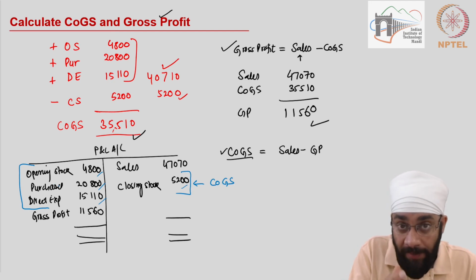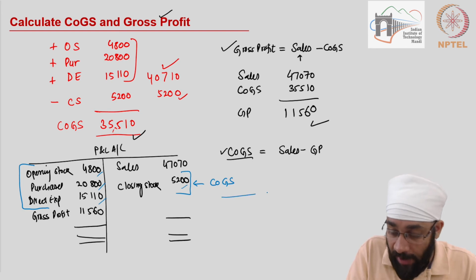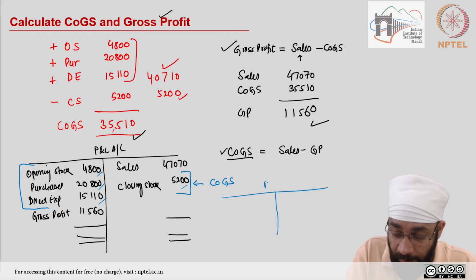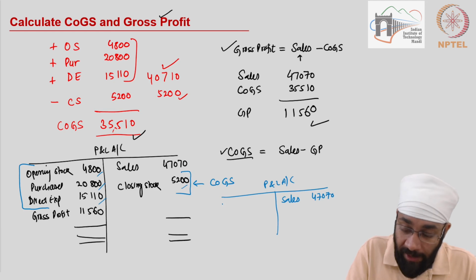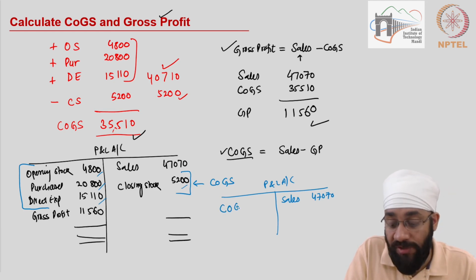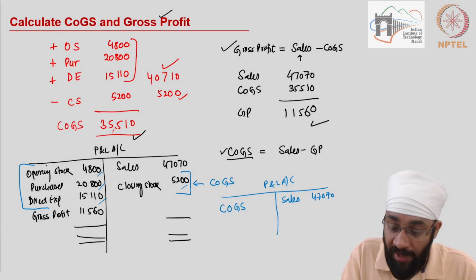So if you reimagine this profit and loss account, it will look like this: profit and loss account. On the one hand, you have sales, which is 47070, and on the other side, you will have cost of goods sold.